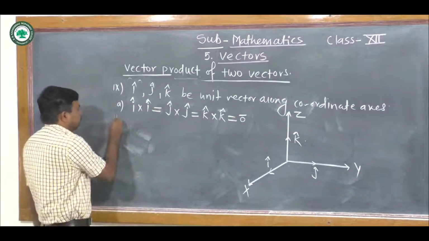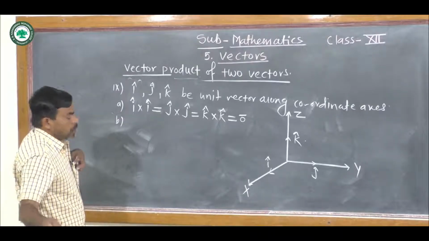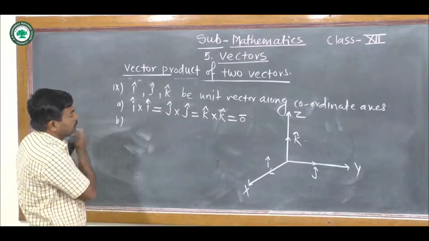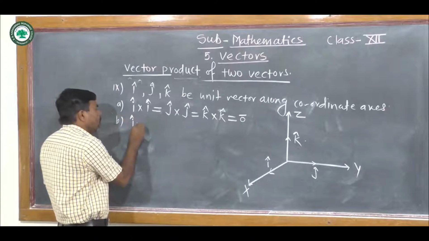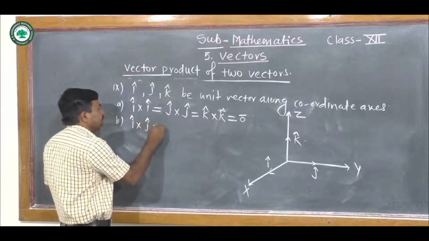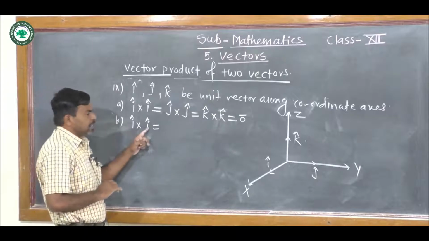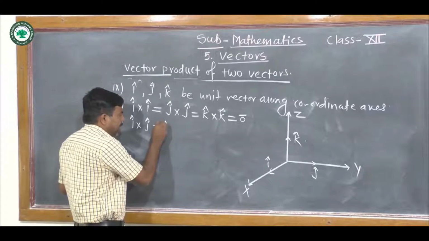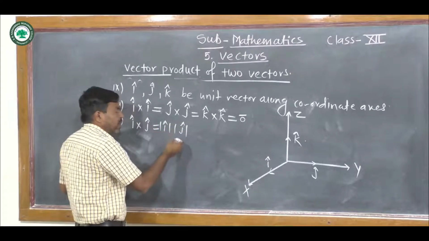Second, now see, i cap cross j cap, I will explain it. i cap cross j cap, by the definition, what is this? Magnitude of i cap into magnitude of j cap into sine of angle between them.